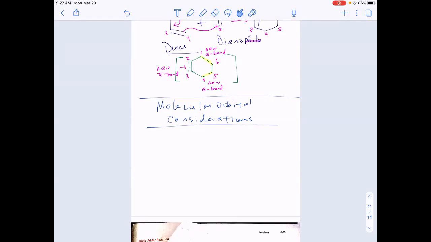Yes. So when we talked about if we have a 4-pi system like this, are you following? So it should have 4 molecular orbitals. Is that right?